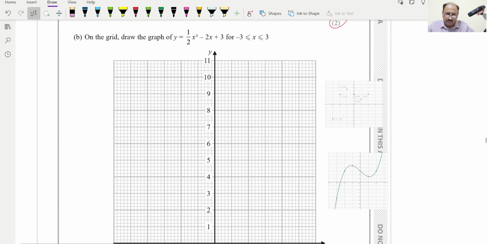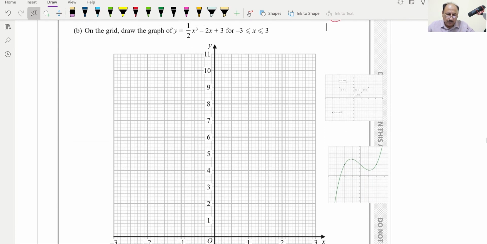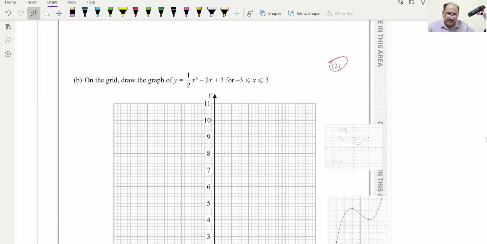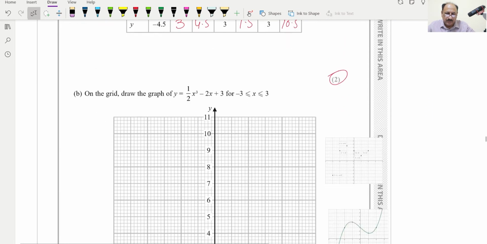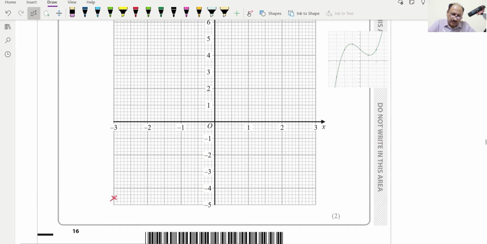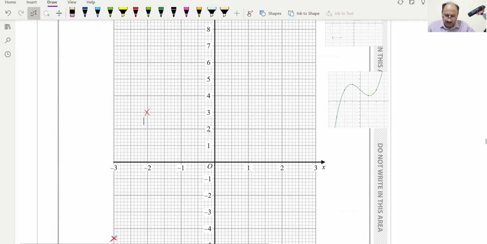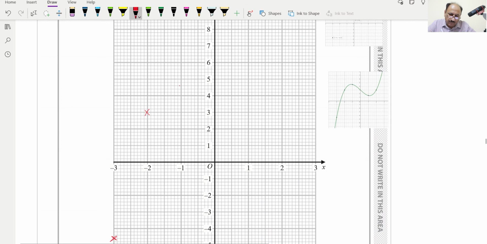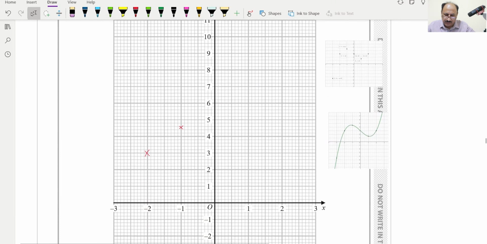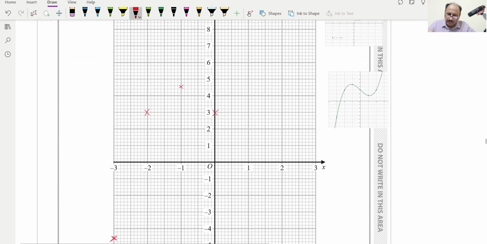Now on the grid we have to plot these points. So first of all, this point is -3 and -4.5, which will be over here in the middle, this one. Now next is -2 and 3, which will be this point, and -1 and 4.5 will be this point, and next is 0 and 3, which will be this mark.